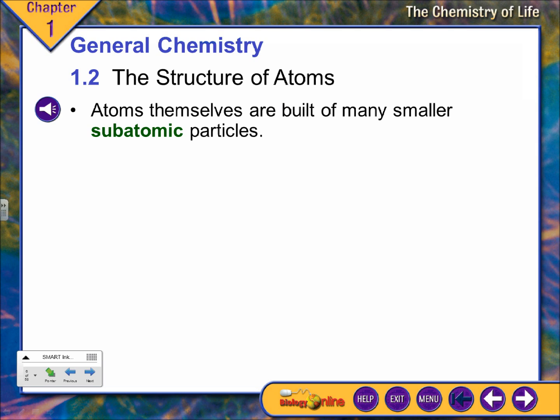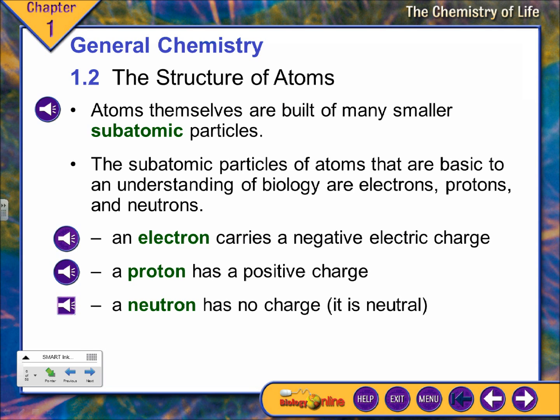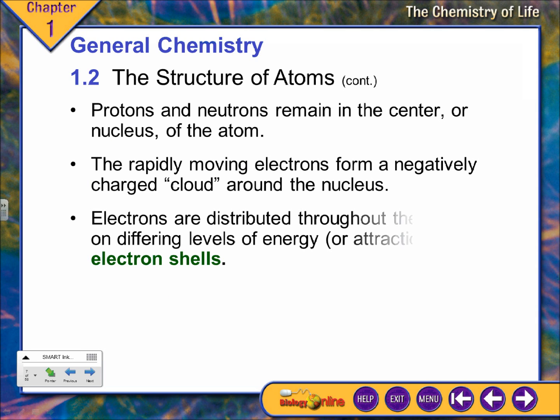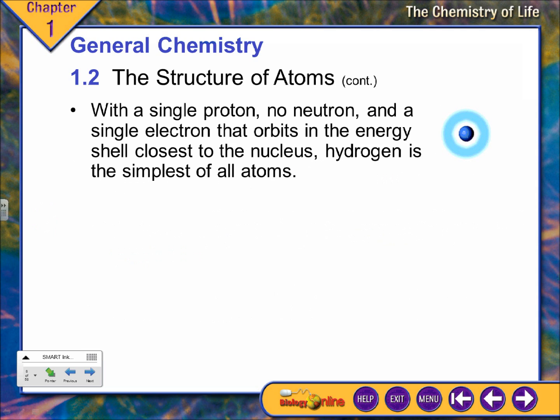Okay, this one again, I expect you guys to know the atomic particles. And then very important about those electrons, right? And where they're found: the electron shells or the clouds or the orbitals. But the electrons are important because that's going to give the atoms their properties. And we're built of atoms.